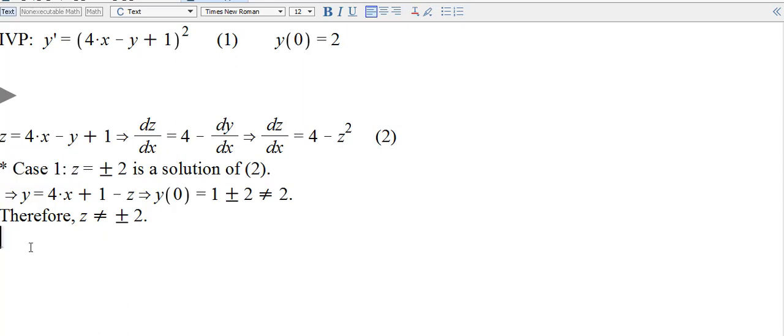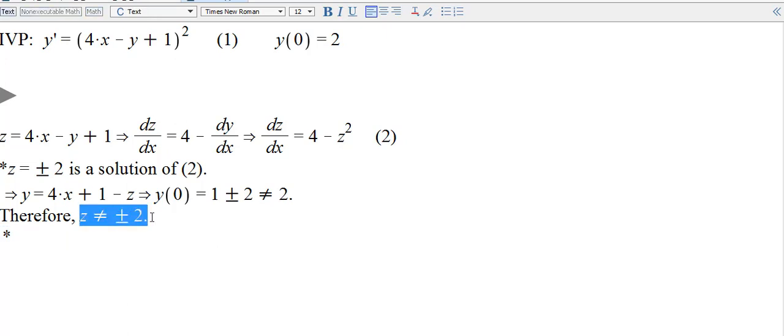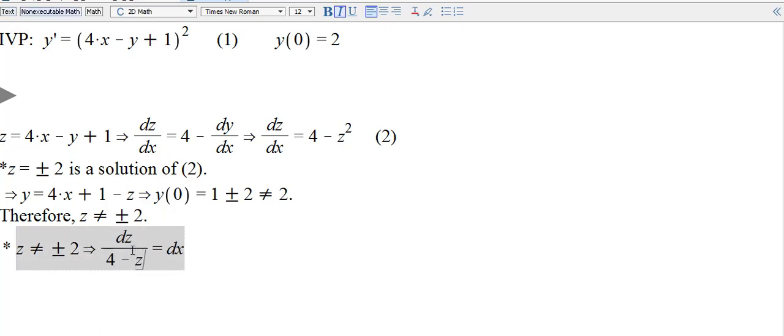So we move on to case 2. You know that z squared minus 4 is non-zero. The obtained equation is separable.